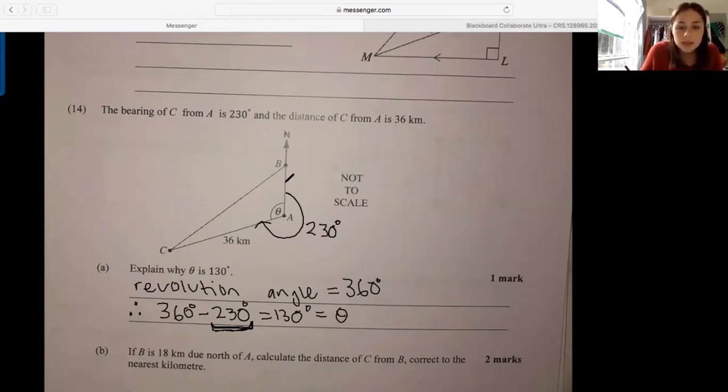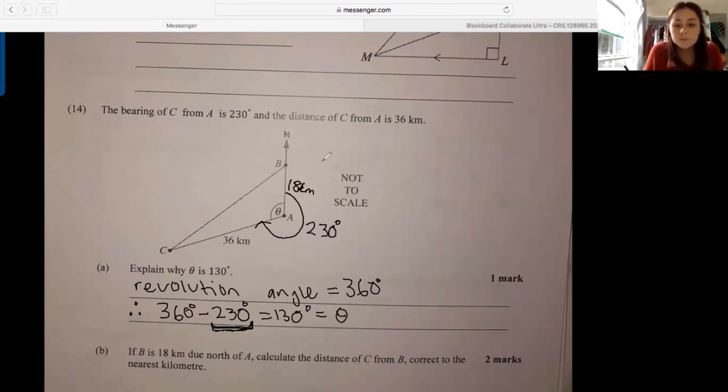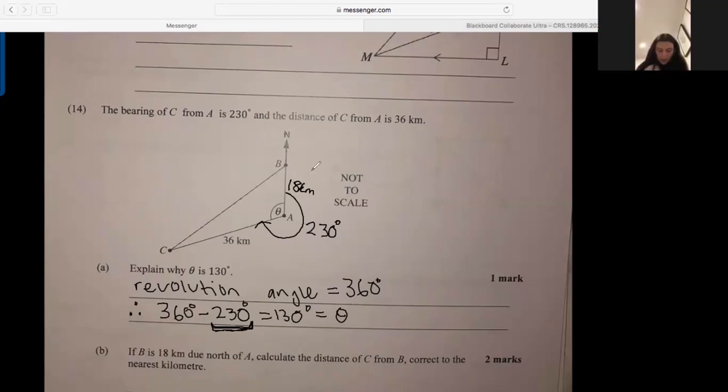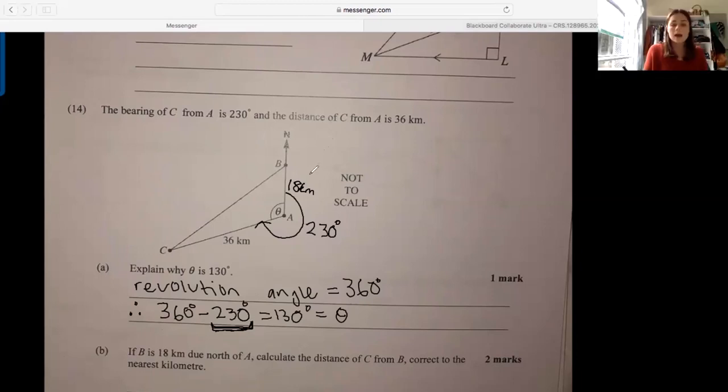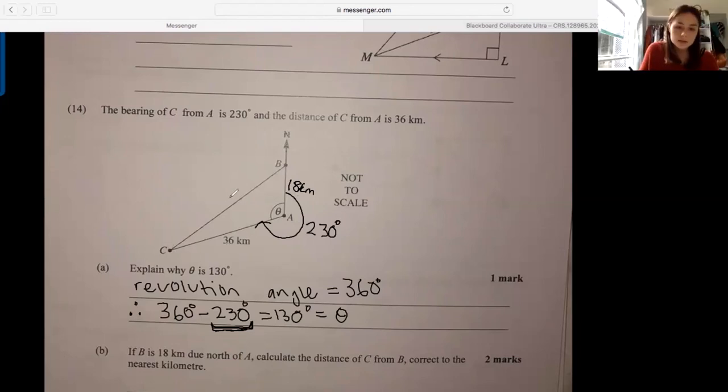I'm just going to draw in 18 kilometers here. Is it meant to equal anything? No, so we have to find what it equals now. Does that make sense? Yeah. We have to calculate CB.